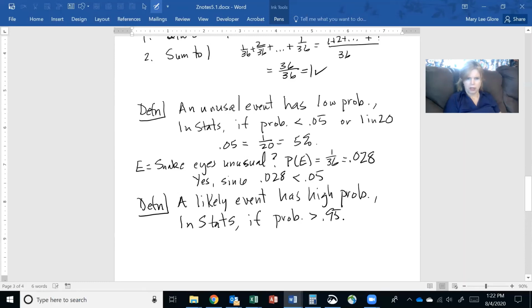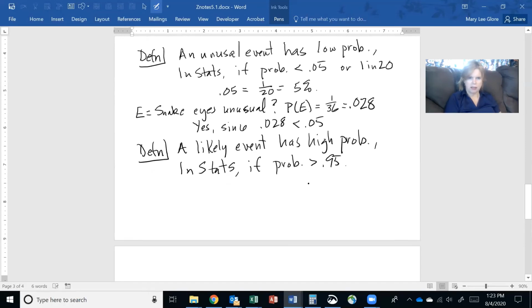Okay. So then we've got to ask ourselves, is rolling a 7, and we'll call that event F, is that likely?